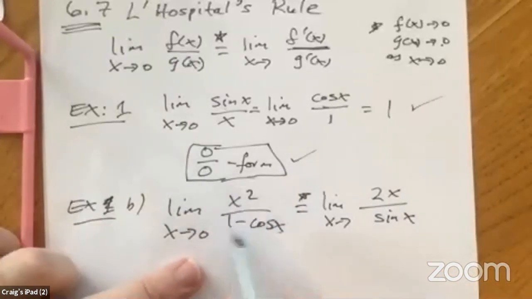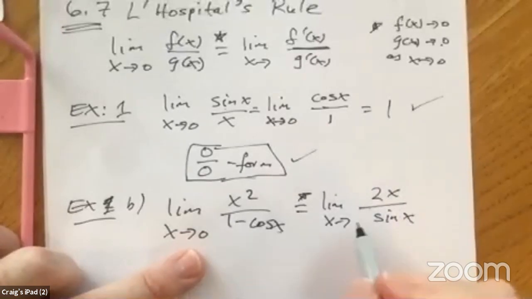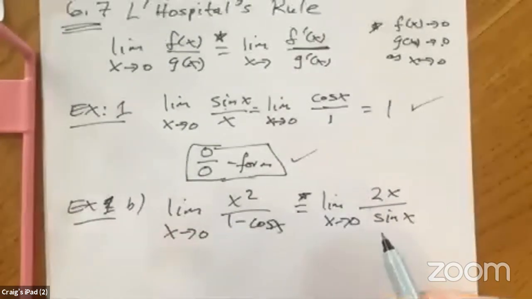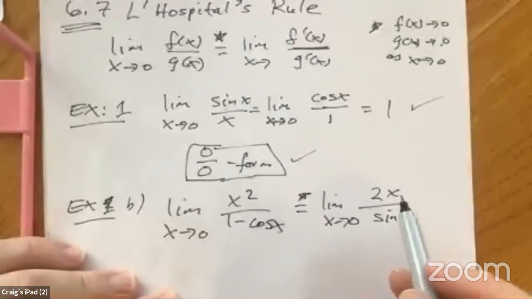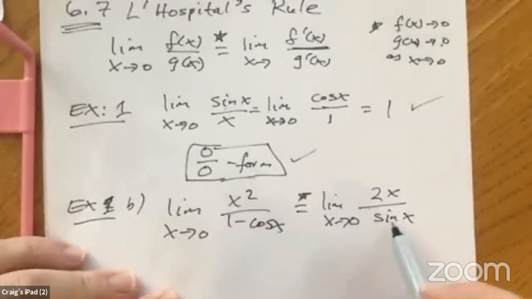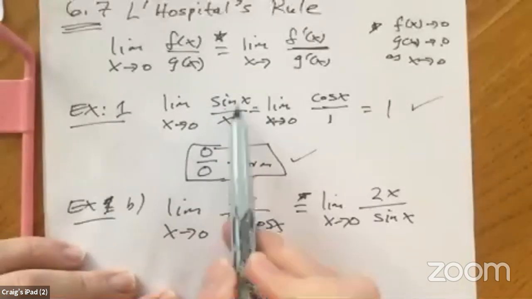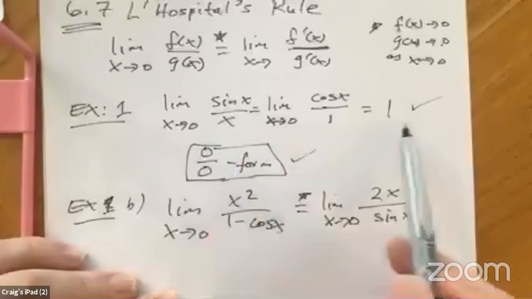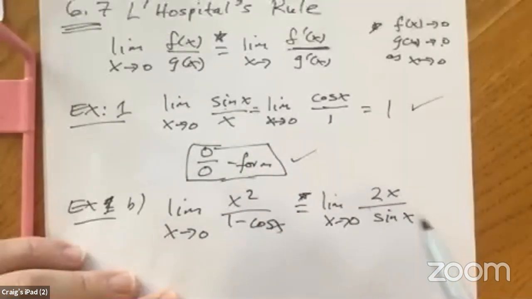Okay, so now I've taken this function and turned it into a lot easier function to look at as x goes to 0. And I can just look at this and see the answer is going to be 2, because x divided by the sine of x goes to the reciprocal of sine of x divided by x, the multiplicative inverse here. It's just still 1. So the whole answer is going to be 2.